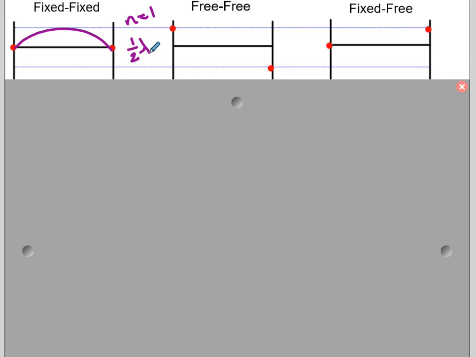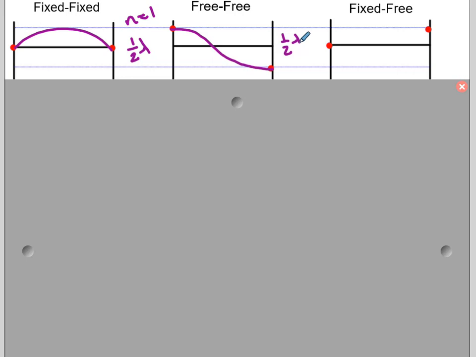So if I draw that picture, you will notice that again is half a wavelength. These are the standing wave shapes for each of the harmonics we'll go through, for up to like 4, I think. And this is what the standing waves would look like for these 3 different end scenarios.